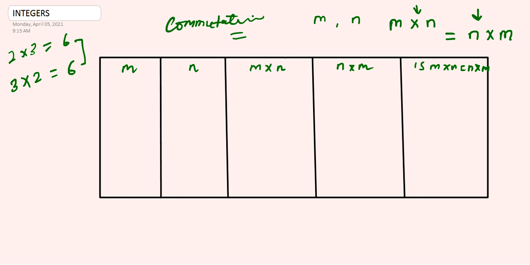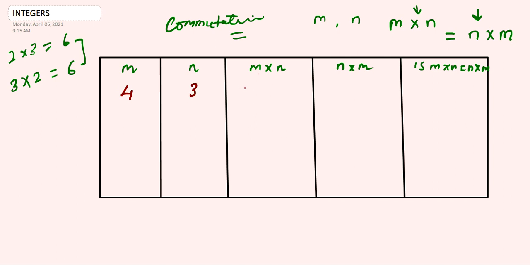Okay, so here we will assume some values of M and N, then we will check either M into N is equals to N into M or not. Okay, so here we are starting. For example, M is 4 and N is 3.